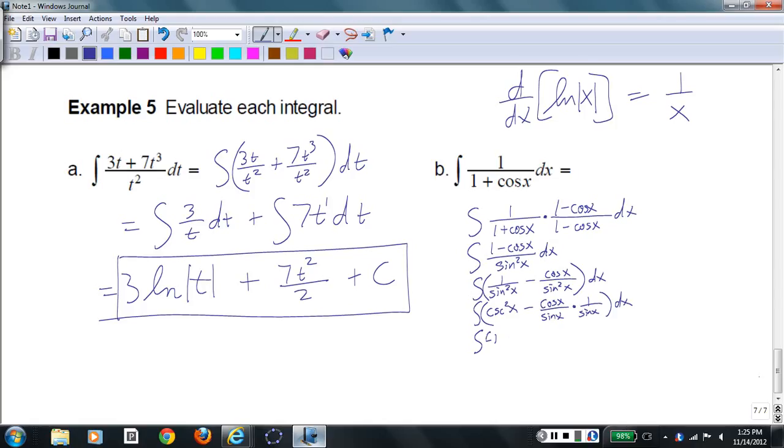The second one, I'm going to say this is weird, but humor me here. Negative 1 times negative cosecant squared x minus, or plus, negative cotangent x cosecant x dx. Have I successfully spoiled the problem for you now?